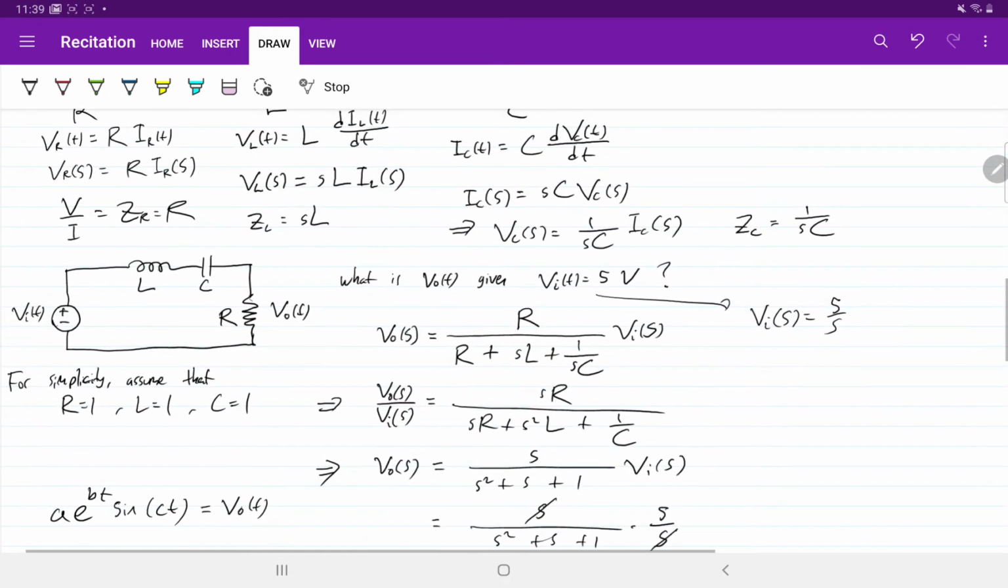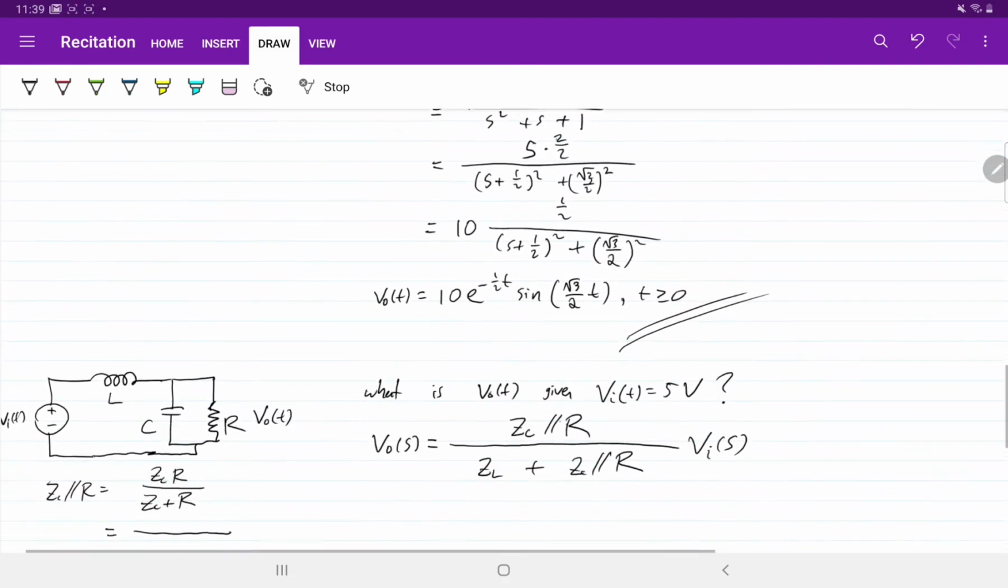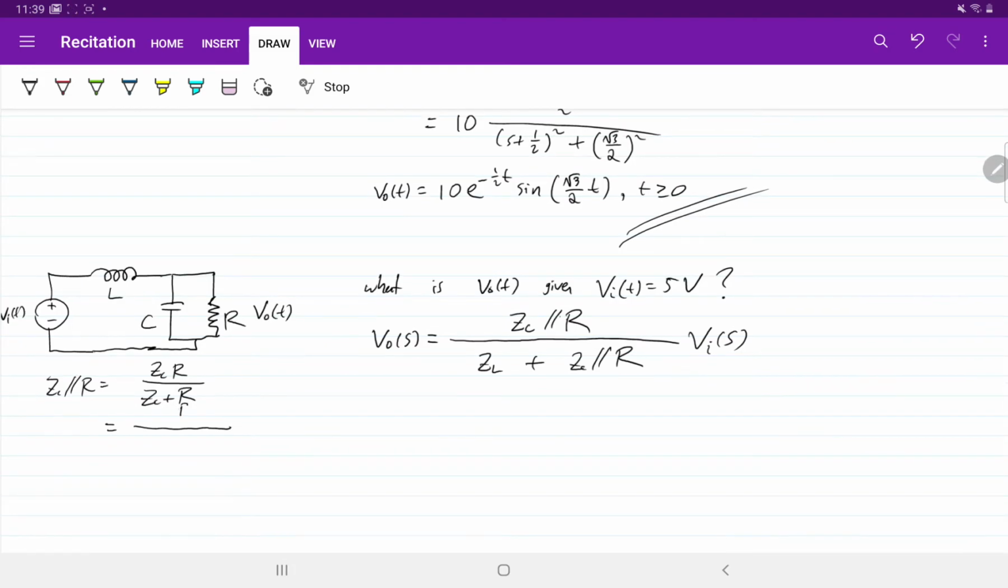ZC is 1 over SC. So R over SC, which is 1 over SC plus R.